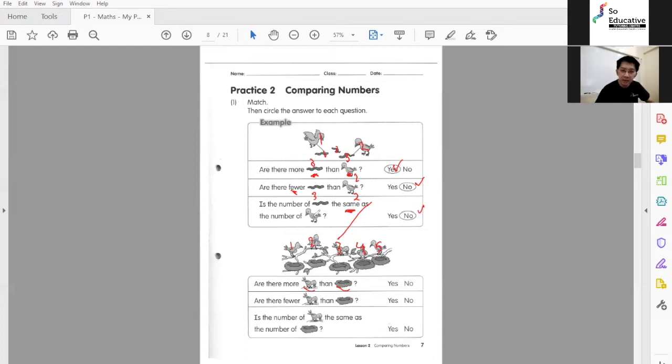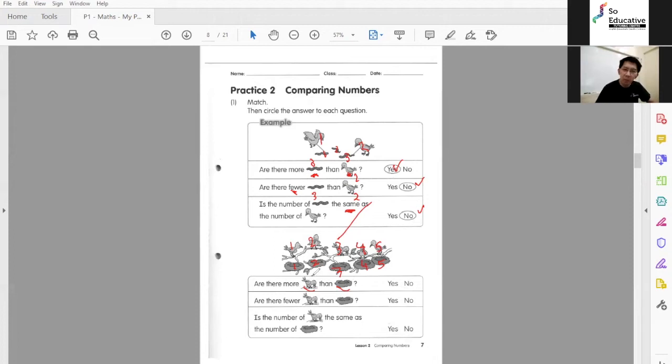And then let's count how many nests are there. 1 nest, 2 nests, 3 nests, 4 nests, and 5 nests. So they are the same. They are 5 each. Let's read the question.